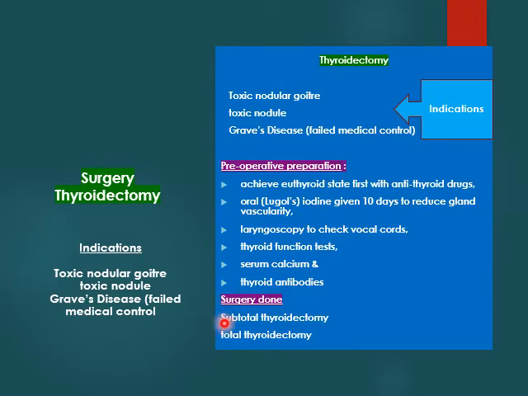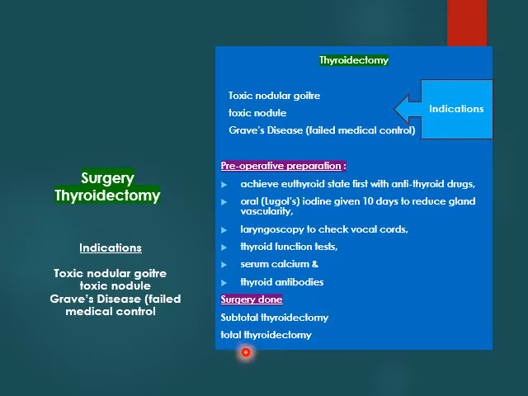The surgery done is subtotal thyroidectomy or total thyroidectomy, depending on the size of the gland. Okay, so in subtotal thyroidectomy, which is more popularly done, the whole thyroid is removed except for 5 to 10 grams on either side.